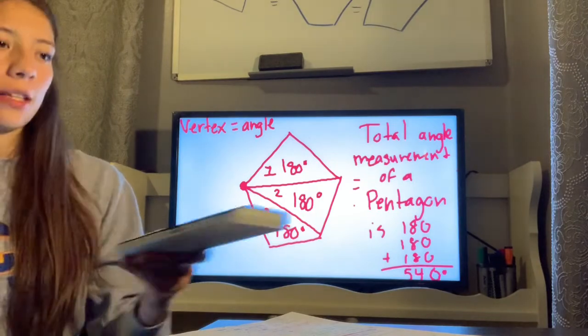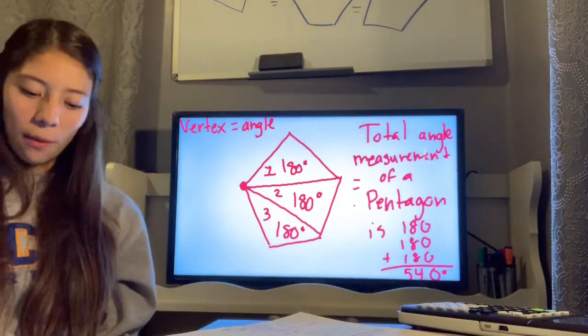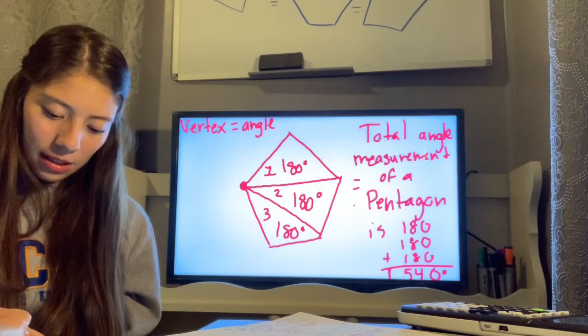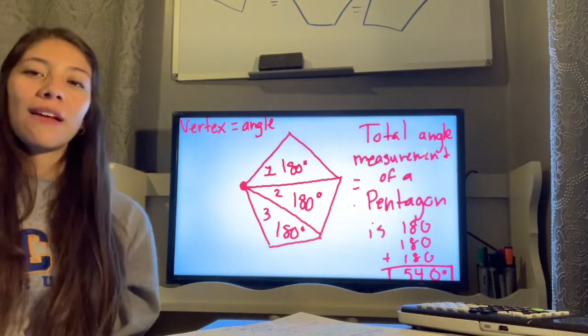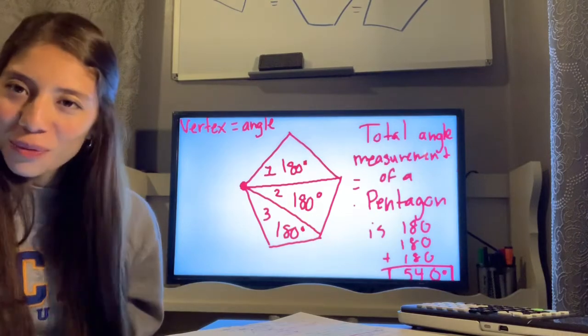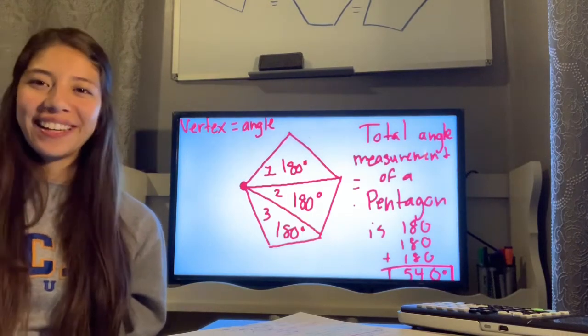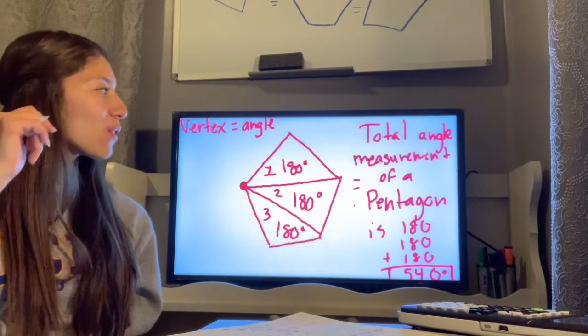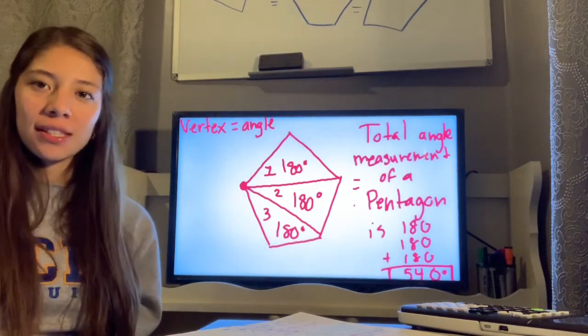Triple check. Yes. Okay, so a pentagon has a total angle measurement of 540 degrees. Isn't that so cool how we just figured that out? Yes. Okay, so again, a pentagon has 540 degrees, right?